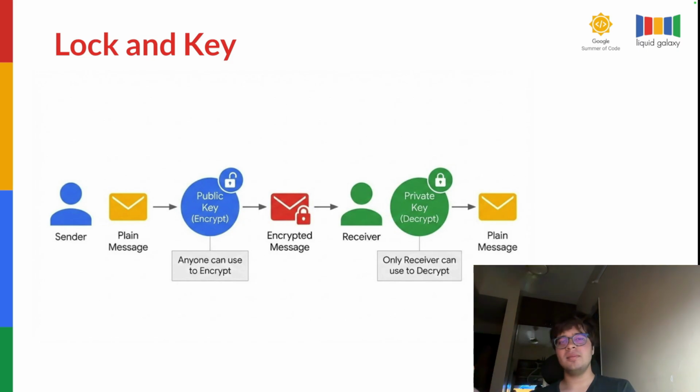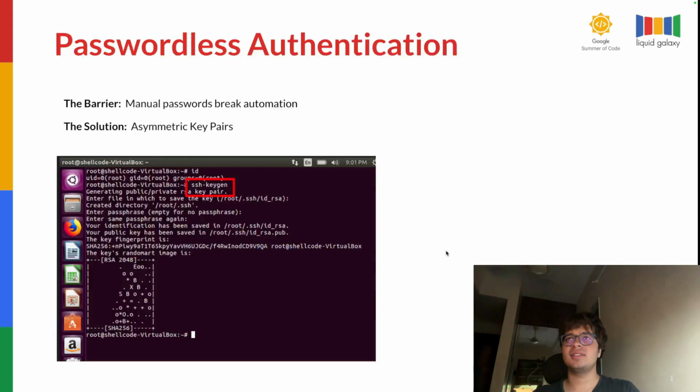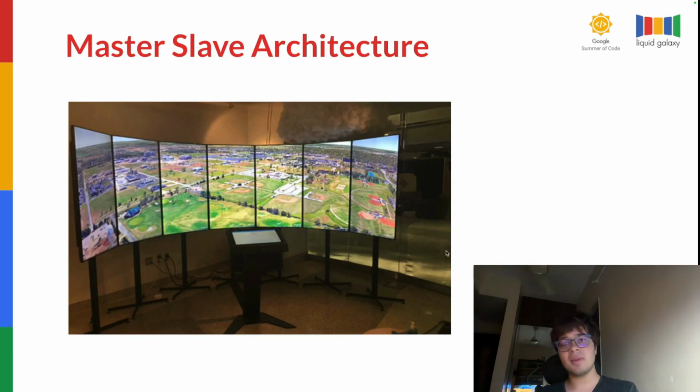Looking at the lock-in key system, our LG is able to send all those KMLs and have everything work smoothly because of a real-time process that is enabled by lock-in key. Now imagine you have that master node in the middle, which needs to send a relaunch command to all the screens.